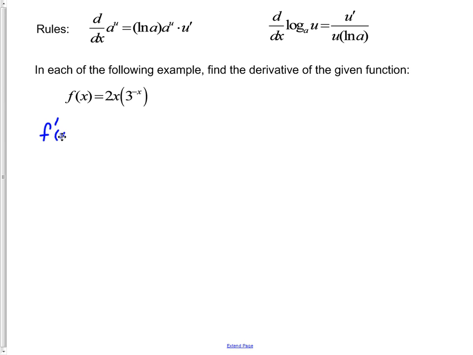And so we're going to use our product rule. And our product rule says this. If we have a product of two functions, when we take its derivative, we're going to take the first function times the derivative of the second function and add to that the second function times the derivative of the first function.